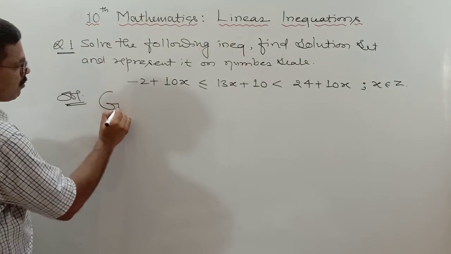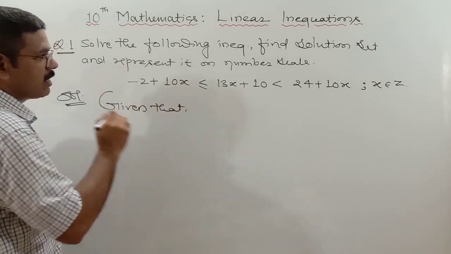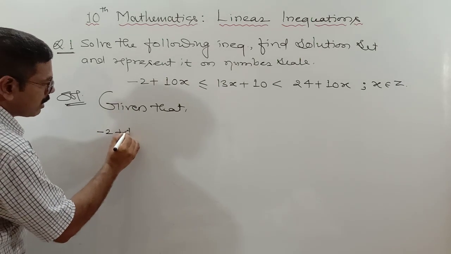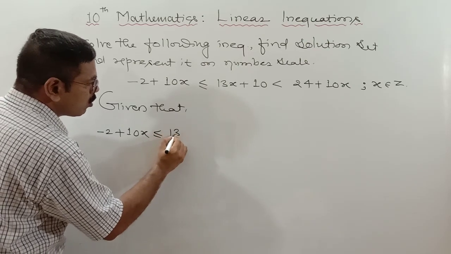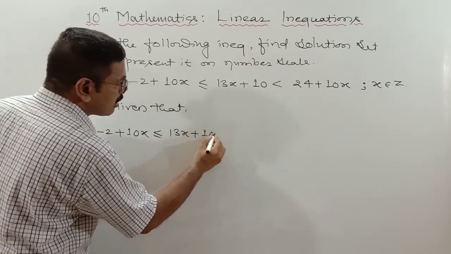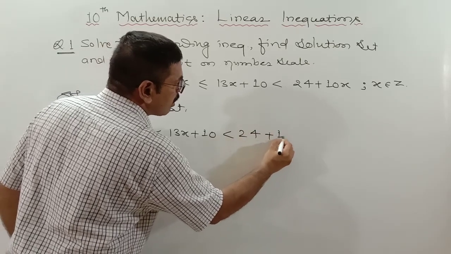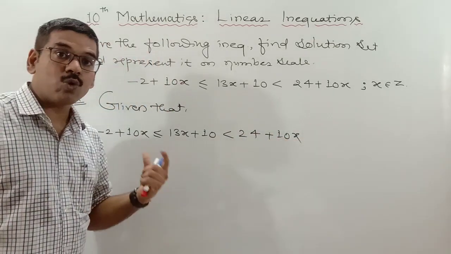See, given that, what is given here? Try to understand. -2 plus 10x is less than or equal to 13x plus 10, which is less than or equal to 24 plus 10x. We'll divide this into two parts.